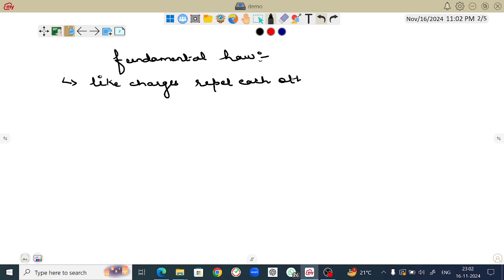For example, a positive charge repels a nearby positive charge, while a negative charge repels a nearby negative charge.